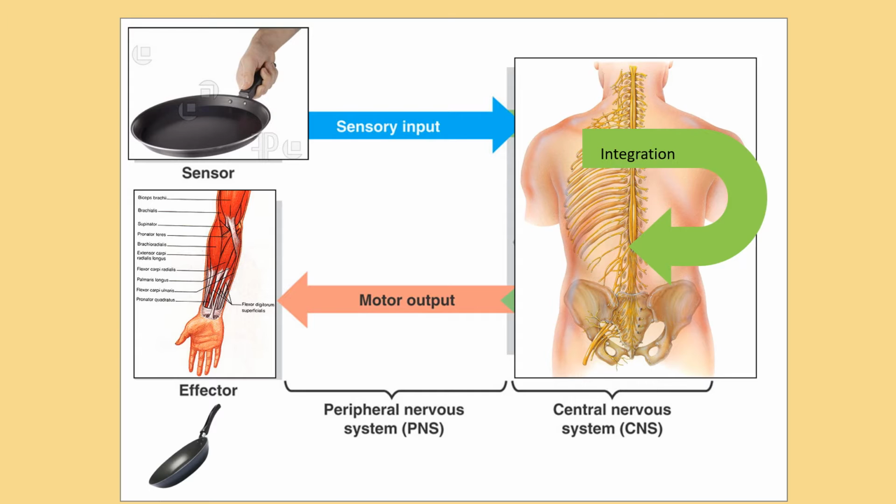And in this case, the integrative function of the nervous system determines that action is required. And so that central nervous system gives rise to motor output that travels toward effectors along efferent or motor neurons. And in this case, the effector is skeletal muscle, and those skeletal muscles will cause extension of the hand, extension of the fingers, and you will drop the pan.